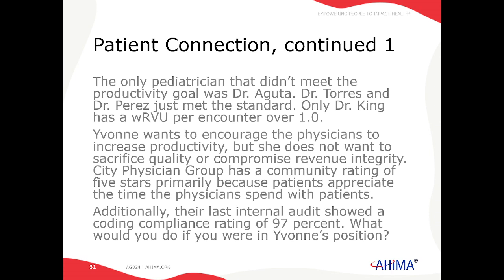Dr. Torres and Dr. Perez just met the standard. Only Dr. King has a WRVU per encounter over 1. So if you see on Dr. Aguada the parentheses, that means you're taken away.